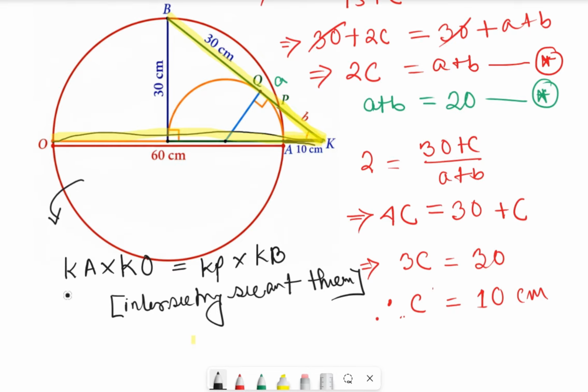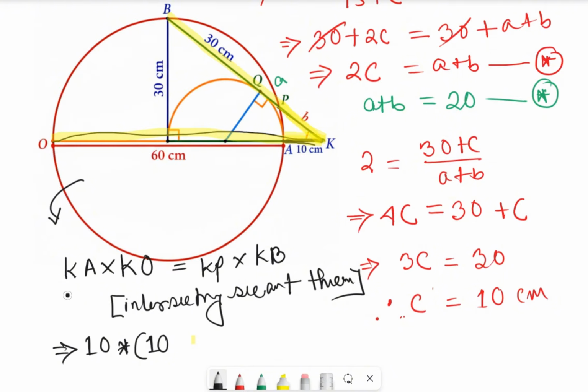Now the value of KA is actually 10, and KO is 40, because KA plus up to this point is actually 60, right?